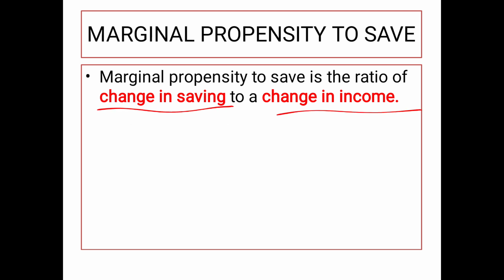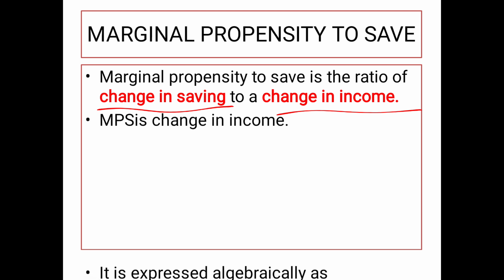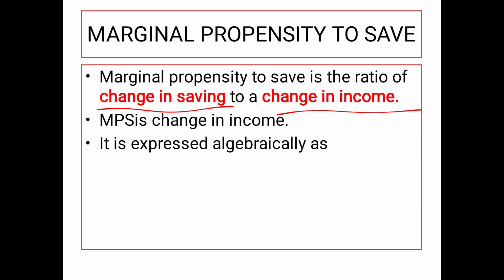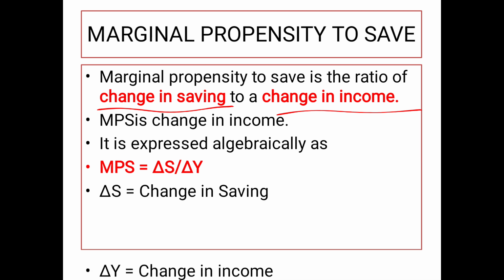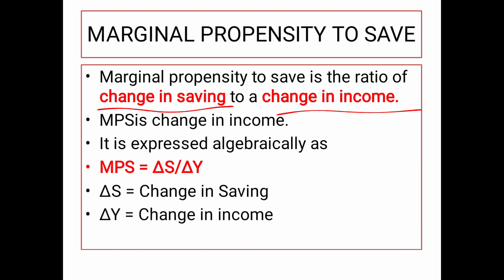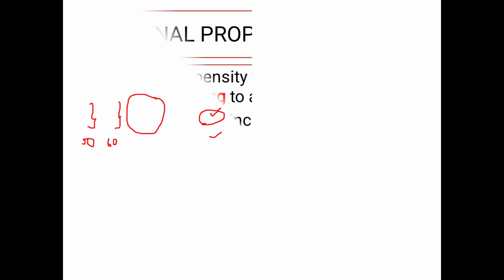Change in saving because of change in income. So what is MPS? Okay, it is expressed algebraically as MPS is equal to change in S by change in Y, where change in S stands for saving and change in Y stands for income. So marginal tells you the change.